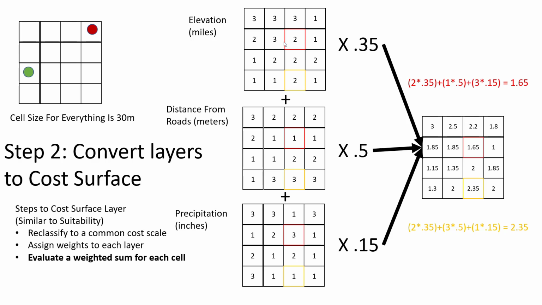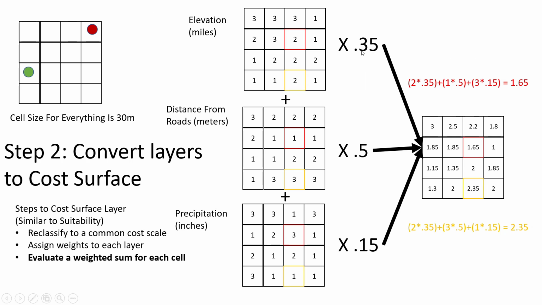Right, so going through an example here, if we take these 3 variables, we apply the weights we came up with last time, this is our output for our weighted overlay. And what I've done is, you can see for the red, I've actually pulled that equation out just to walk through as an example, right? So calculating the red cell here, our elevation is 2.